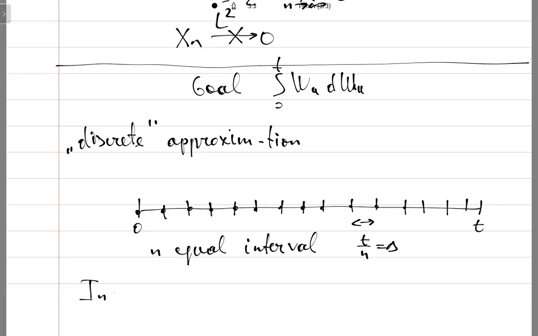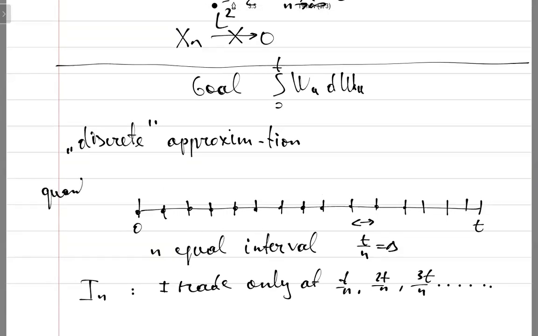So I trade only at t over n, 2t over n, 3t over n, and so on. If I trade only at these moments, what is the quantity I will have?